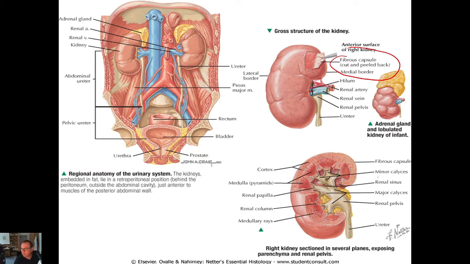The renal sinus is a space which is filled with loose connective tissue and which contains many structures. It contains the beginning of the urinary passages, vessels, and nerves which accompany these vessels, so it's quite an interesting area in the slide.